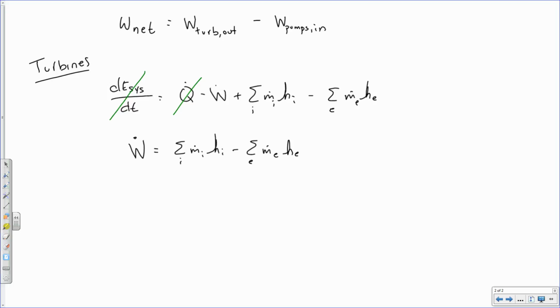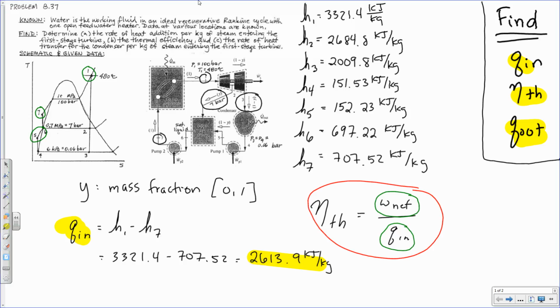Well, let's take a look at our diagram again. Now, our turbine accepts at the inlet, state 1, the total mass flow rate, which we can just leave as a general term, call it M dot. However, there are two outlets to our turbine. There's one at state 2, right here, and there's one at state 3. The total mass flow rate combined goes through both of these states.